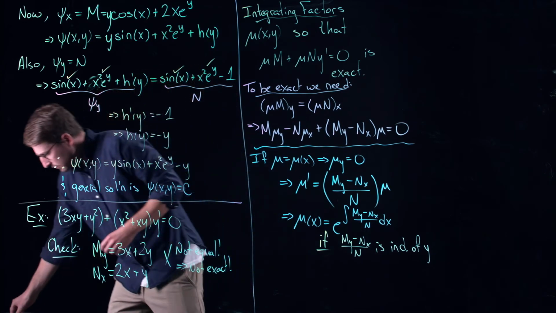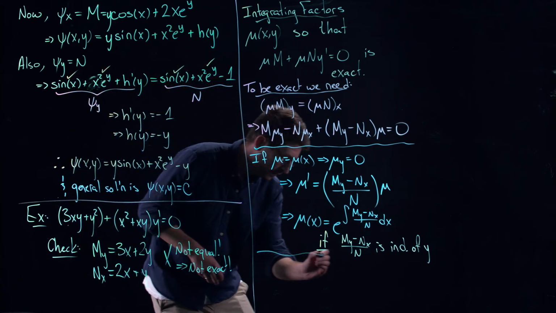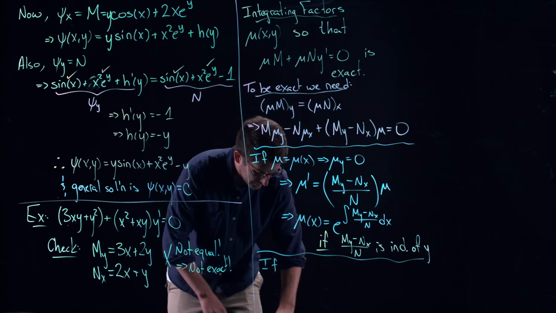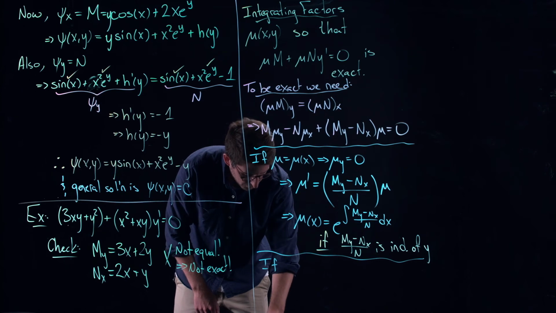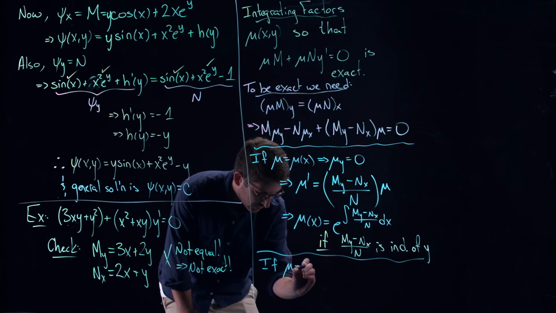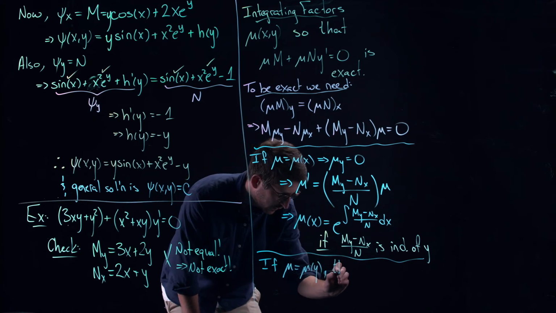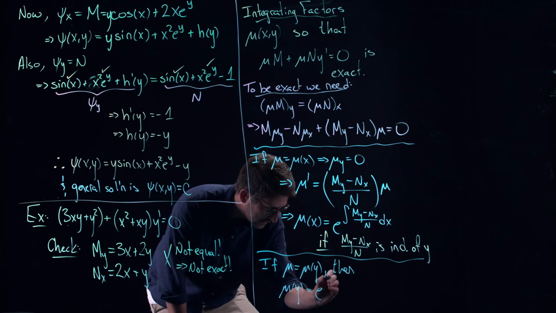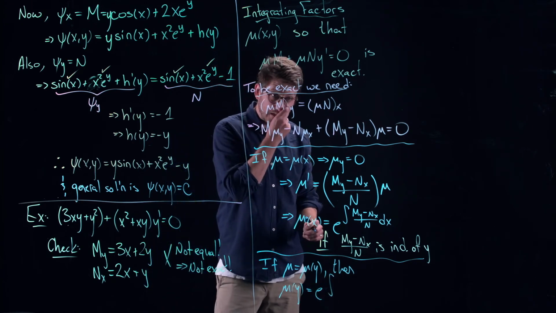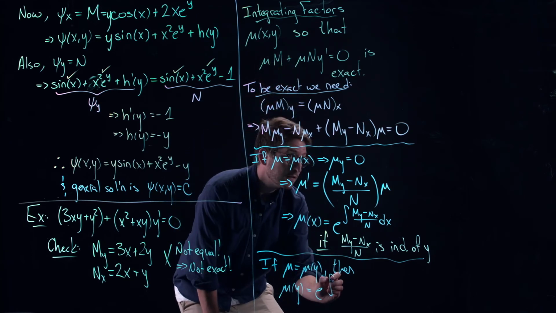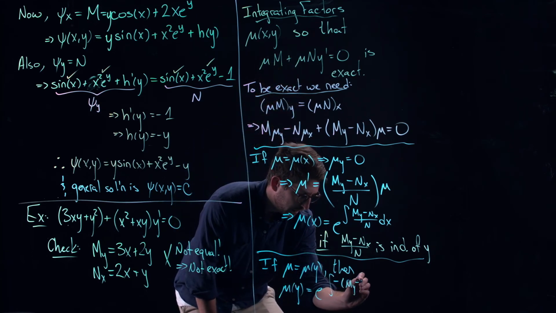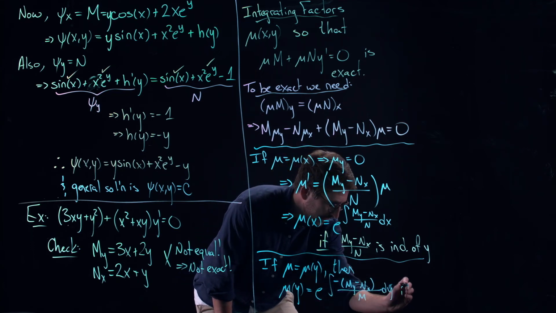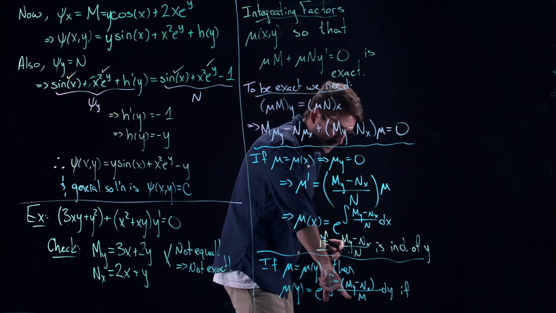Okay, so clearly you can do the same thing. In the same vein here, you could have mu as a function of y. Then you can have an integrating factor mu of y, which is equal to e to the integral of, in this case, it's going to be N_x minus M_y divided by M dy, if that thing is independent of x.